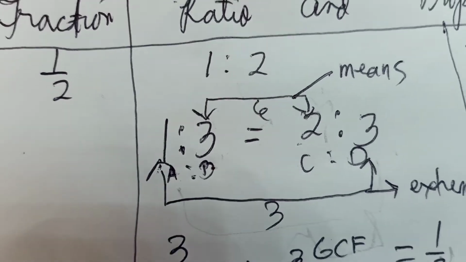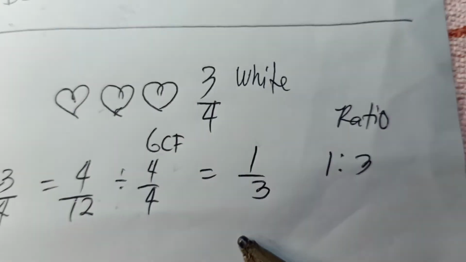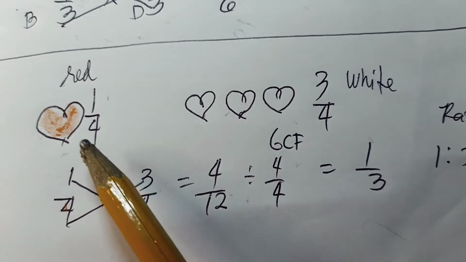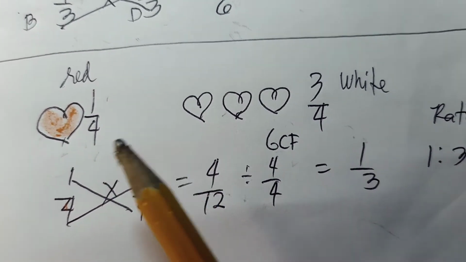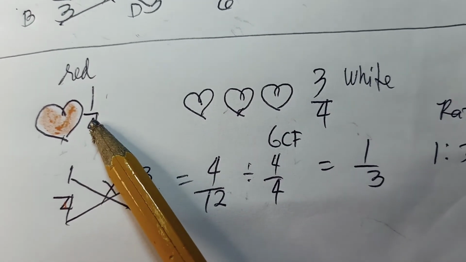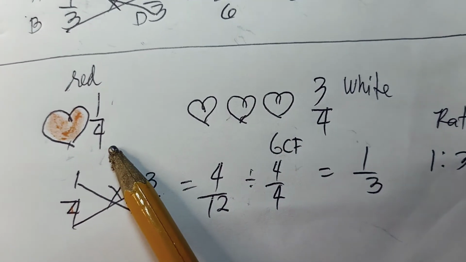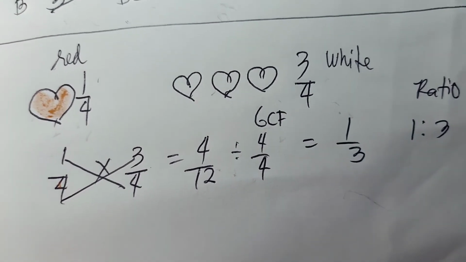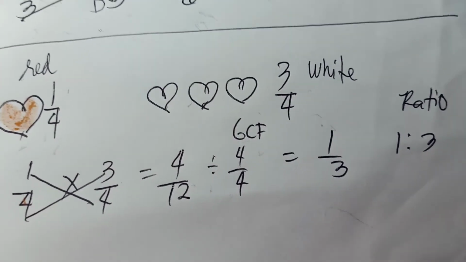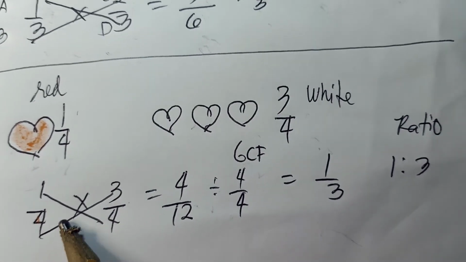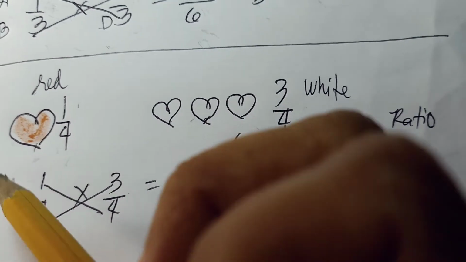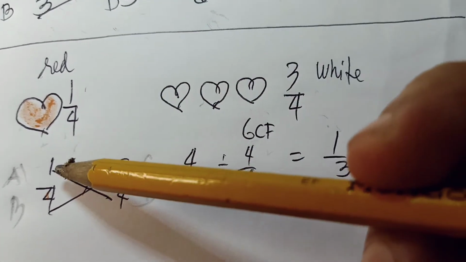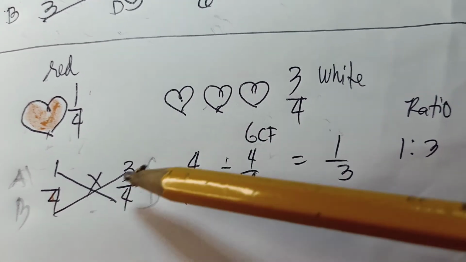Understand? Another example here. How many hearts are there? There are 4 hearts, so 4 is the denominator. But their colors are different, so we will compare their colors. Here 1 and here 3. We will check if they are proportional to each other. These are the values of A is to B, C, and D. 1 times 4 is 4, 4 times 3 is 12.